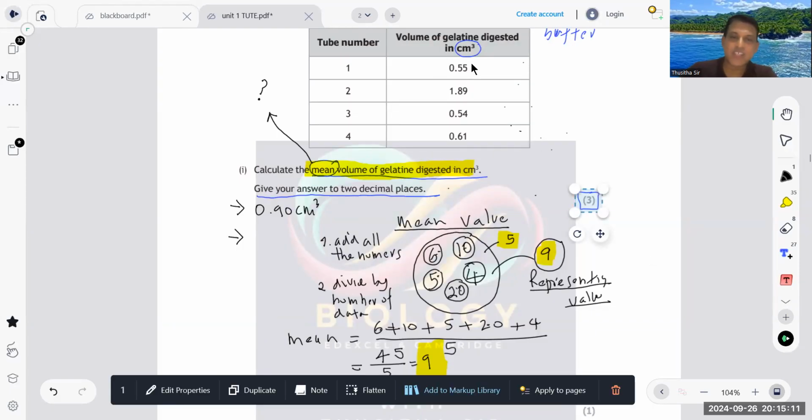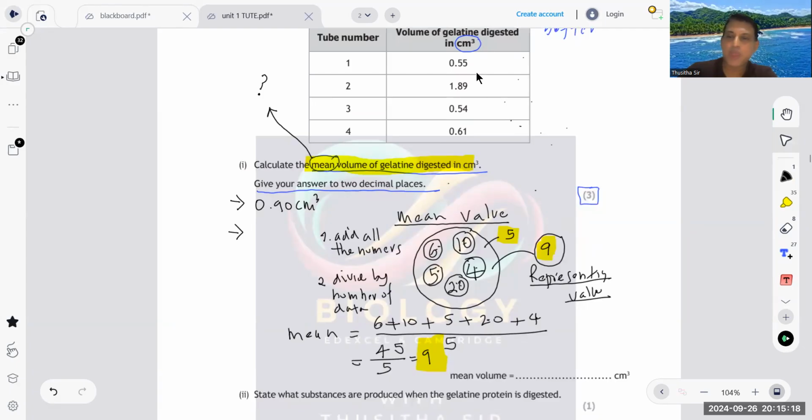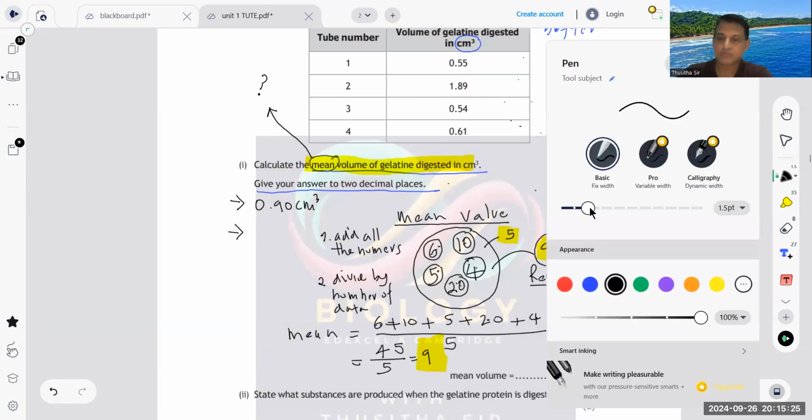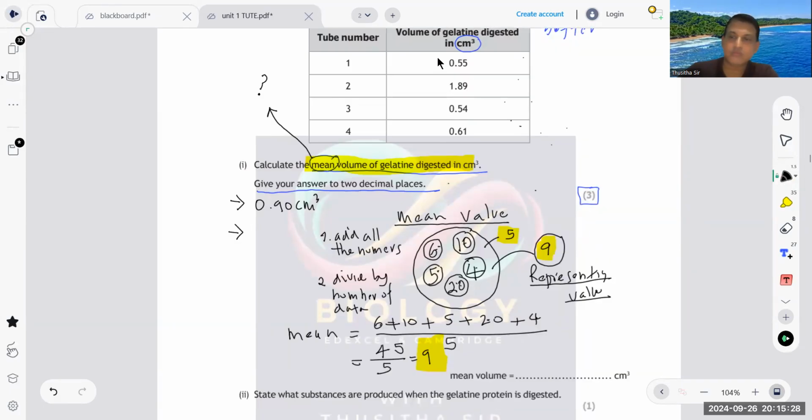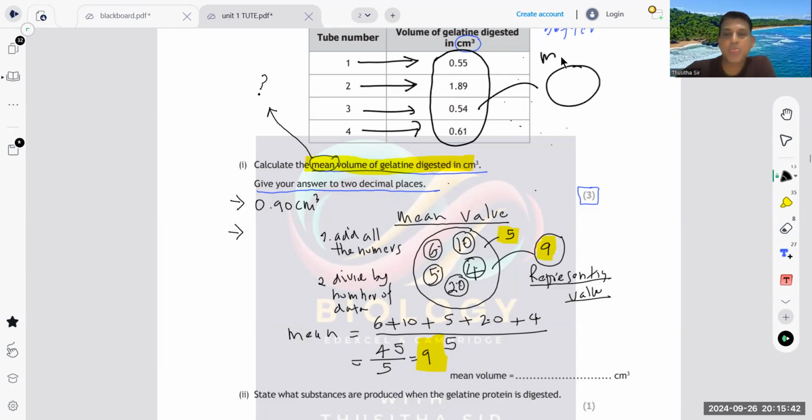So you have to calculate, these are the numbers: volume of gelatin digested, and here are the numbers. Tube number 1, volume is this, tube number 2 this, tube number 3, tube number 4. So we have to get the mean value for this. What is the mean value for these numbers?